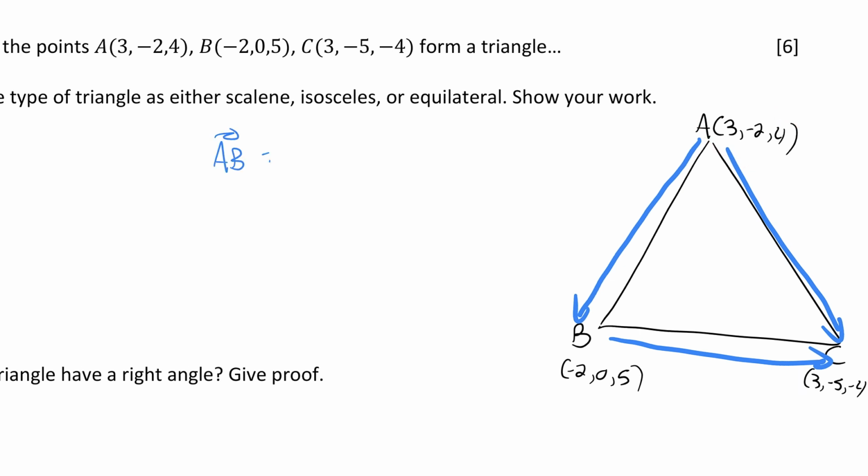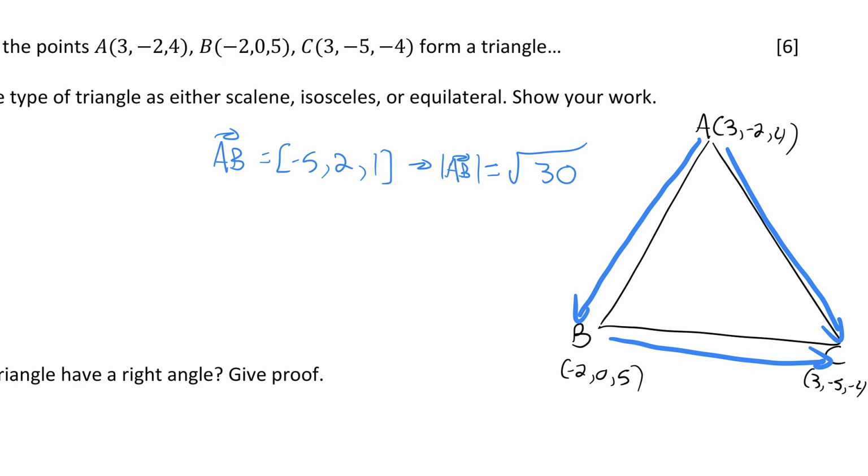Vector AB would equal negative 2 minus 3 is negative 5, 0 minus negative 2, and 5 minus 4. There's AB, and I might want to actually find the magnitude of that vector by doing the square root of the sum of the squares of the components. So negative 5 squared plus 2 squared plus 1 squared is 30.